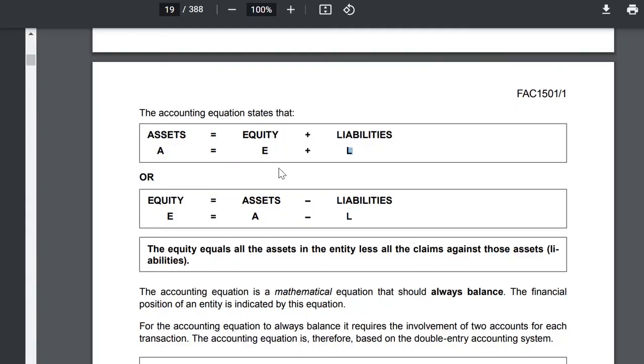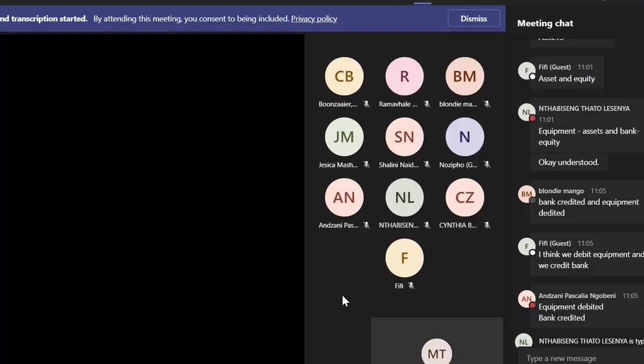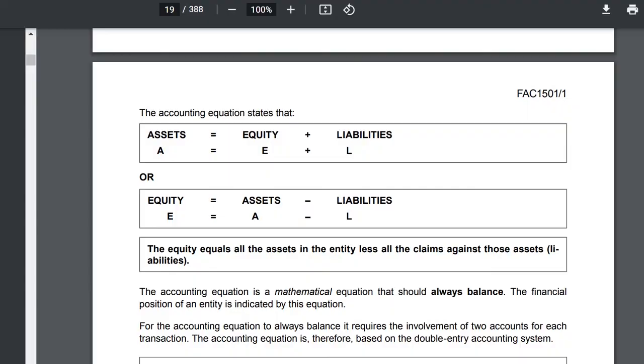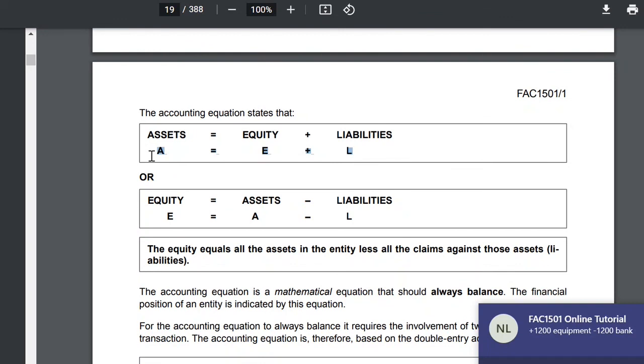The question is now, how will this affect your accounting equation? Equipment will be debited and bank will be credited. I think it's going to give us a nil effect, since it's going to be bank minus and then equipment plus 1,200. Yes, the effect will be nil.